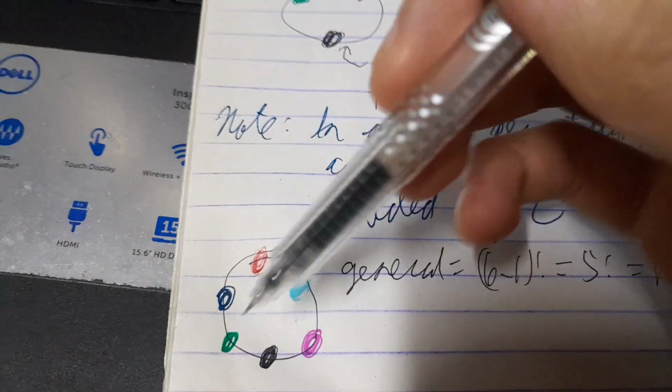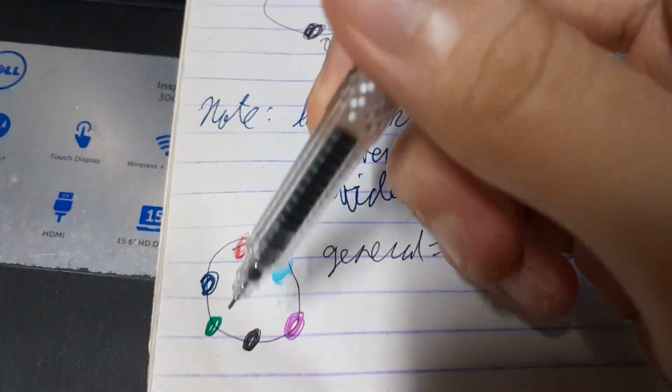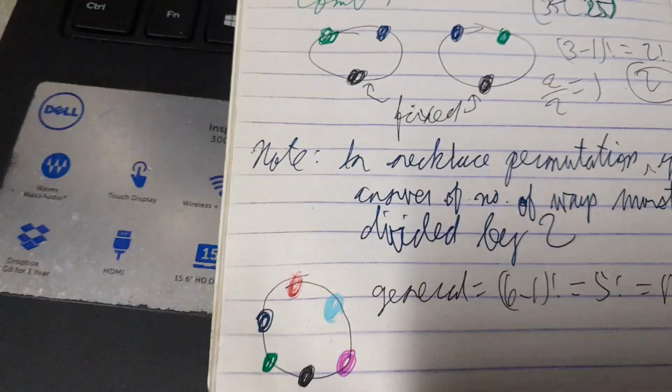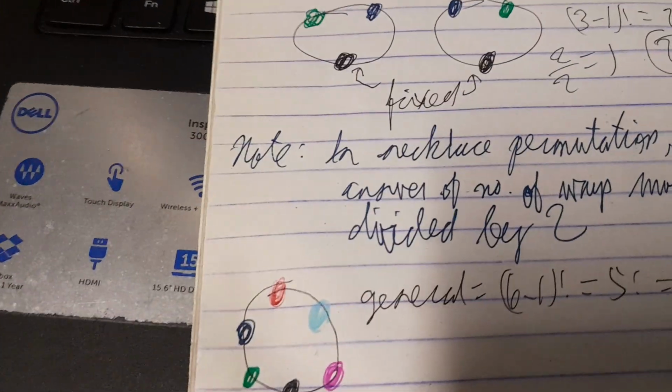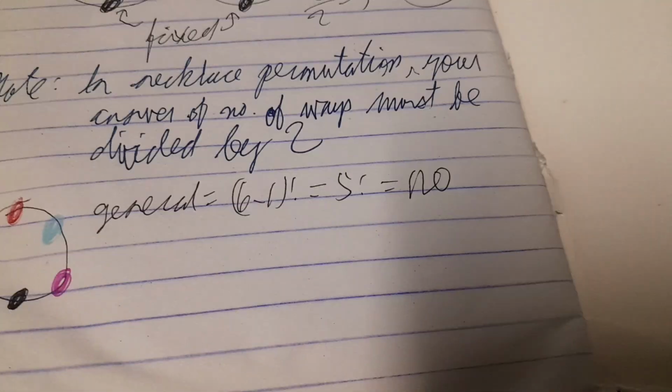If light blue is here, multiply by 4 factorial, and if pink is here, do the same procedure. So that's 120 possible ways.